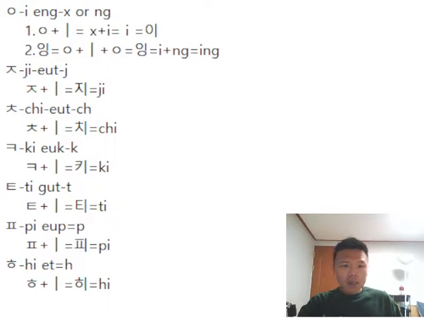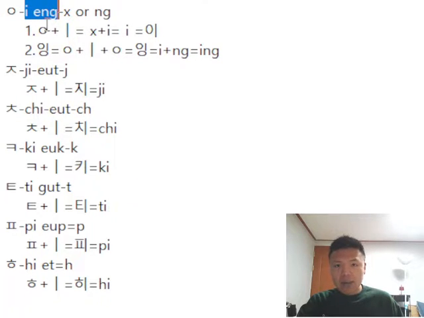Hi guys, I will explain the rest of the 자음, that is, consonants. In Korea, 자음 means consonant. Look, 이음, this is 이음.